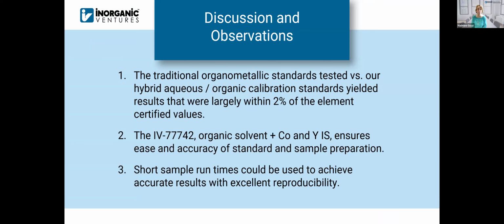Our organic solvent plus the cobalt and yttrium ensures ease and accuracy of standard and sample preparation. Short sample run times could be used to achieve accurate results and excellent reproducibility.